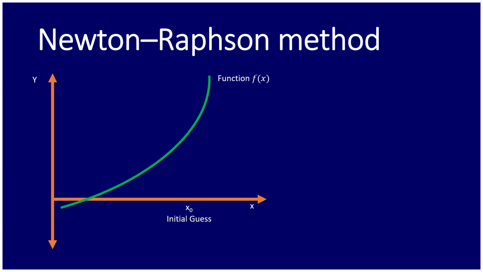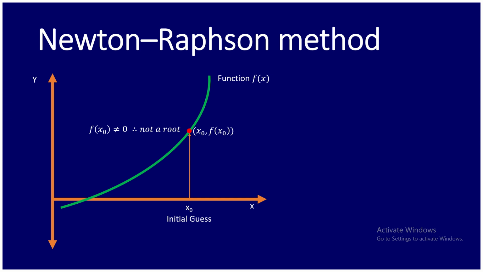Now how can we say that x0 is a root of the function? If it satisfies the function, f of x0 will be 0. Now here if you substitute x0 in the function f of x, the value of f of x is not 0. So x0 is not a root of the function.